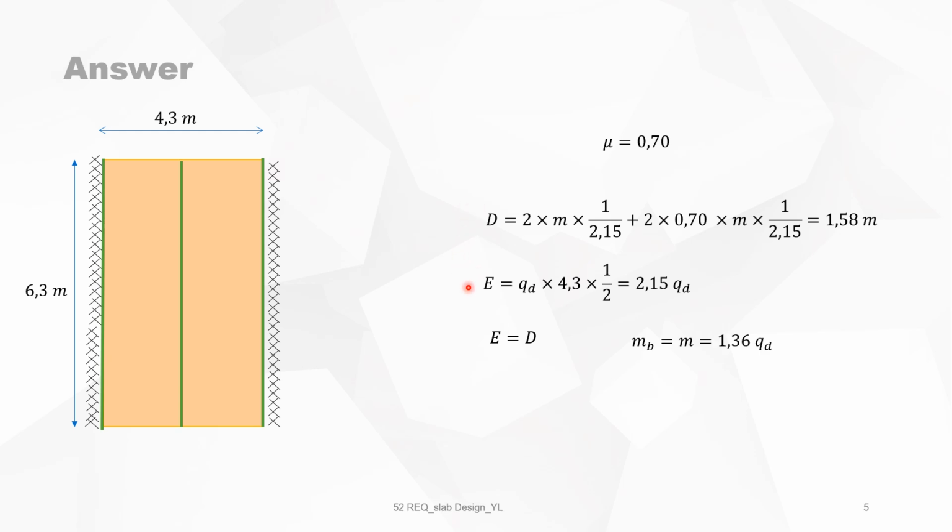E is equal to D. And from that, you can calculate M. M, the bottom or positive bending moment, is 1.36 times QD out of this equation. And on the top, MT is mu M, and M was this, so that multiplied by 0.7 gives you 0.95 QD on the top.